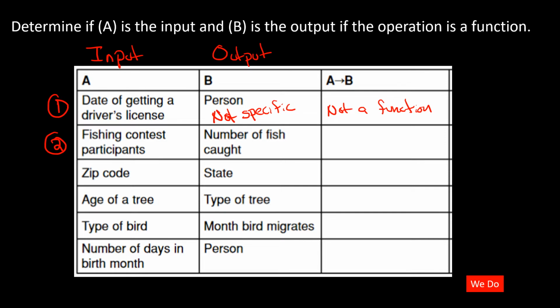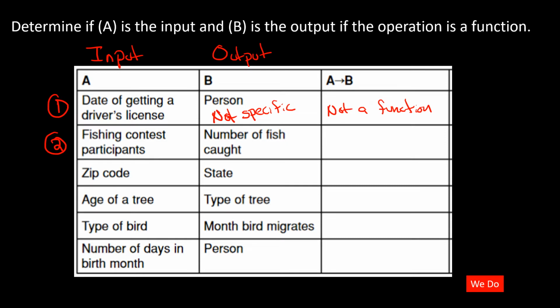So fishing contest participants. So if we know all the people participating in a fishing tournament, that's pretty much what this is saying. So we have a listing of all the fishing tournament participants. Can we know the number of fish caught? Okay, can we know that? If we know all the fishing participants, will we know the number of fish caught?